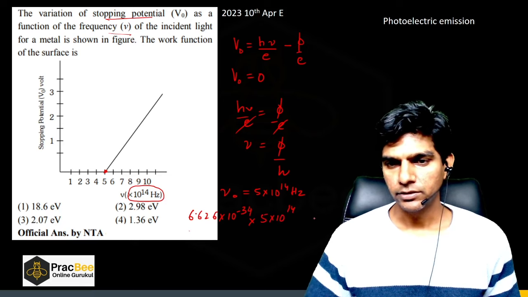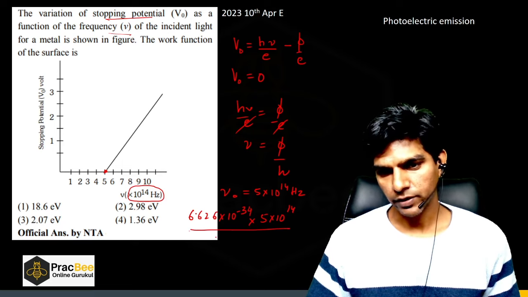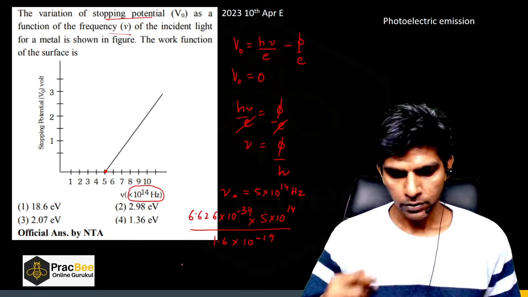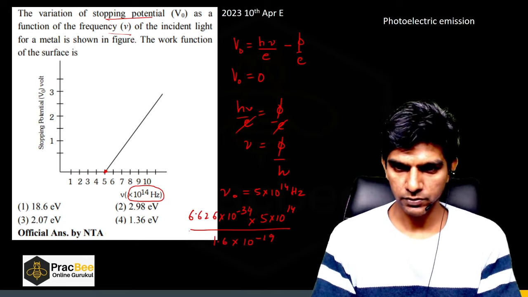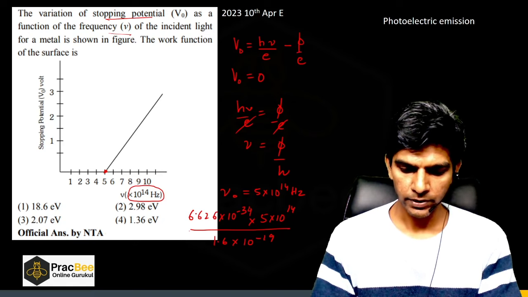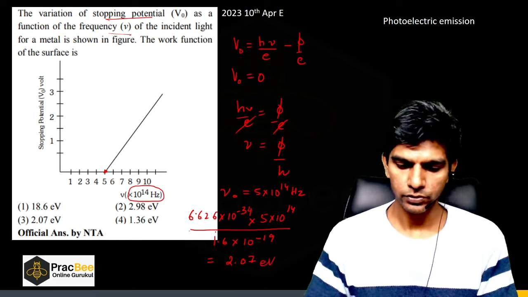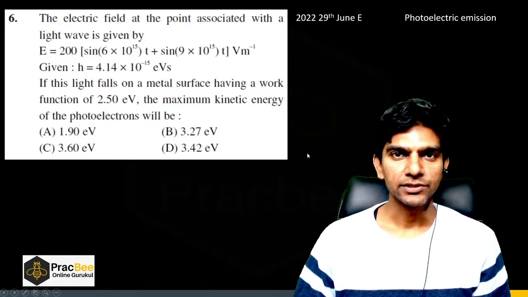Now this is in joules, right? So if I convert joules into electron volt, we have to divide by 1.6 into 10 raised to power minus 19. Okay, so if I simplify this, 6.626 times 5 divided by 1.6, so we're getting something like 2.04, right? If I simplify this, I'm getting 2.07 electron volt. So option 3 is the right answer. Okay, right. So now let us see the next question.